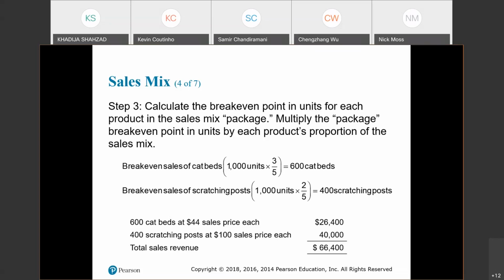And similarly, we use 1,000 units times 40%, which is the weight of scratching posts in each package. We can get 400 scratching posts to be sold to achieve the break-even point.